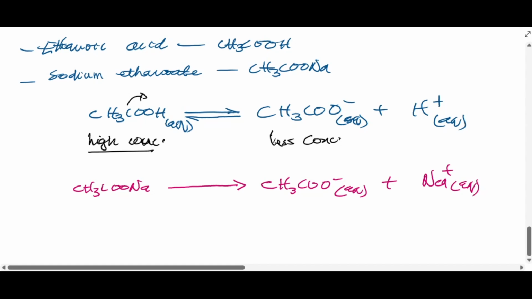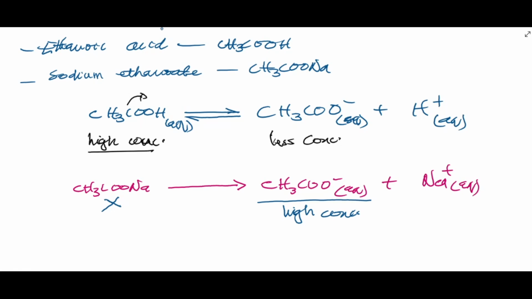If sodium ethanoate dissociates completely, we will not have any sodium ethanoate left in the solution. So we are going to have high concentration of ethanoate ion, and of course high concentration of sodium ion, but we are not using sodium ions for this explanation.